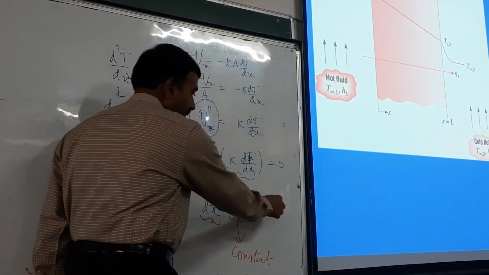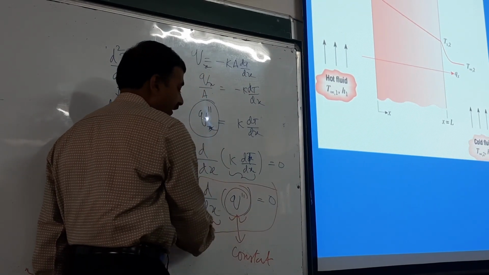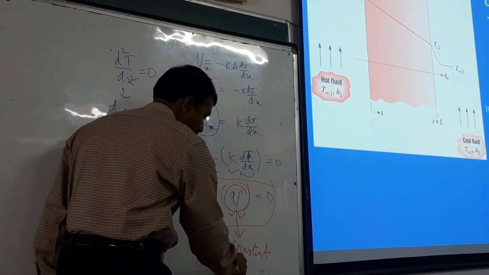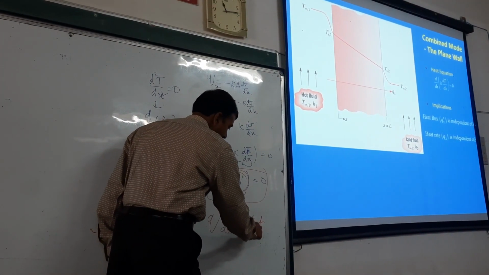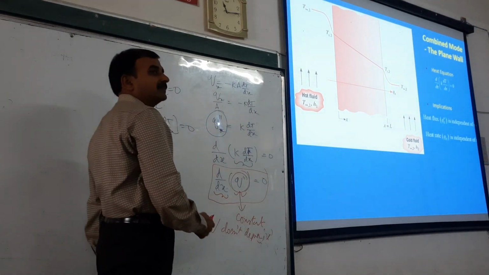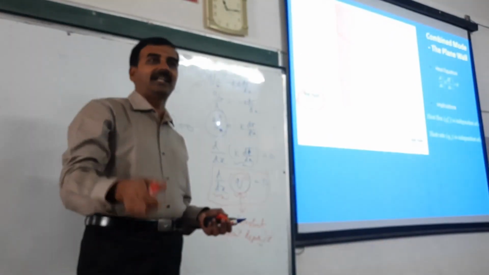But now the meaning of this equation is that q is independent of x. q does not depend on x. So while it is flowing from one end to another end, it remains constant.